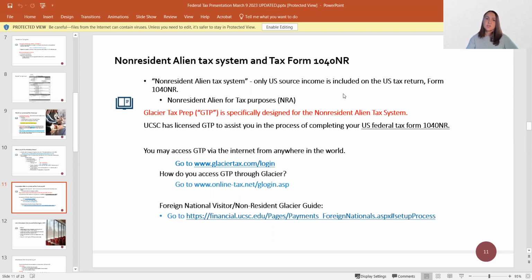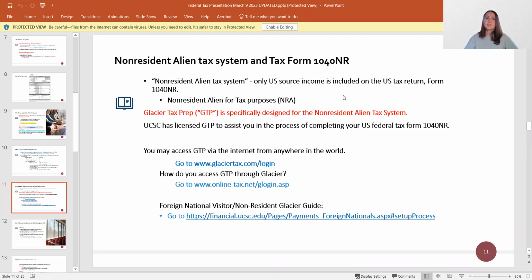That's why Glacier collects all your travel schedule and visa information. Eventually, when you start working on your tax return, you prepare Form 1040-NR. It stands for 1040 non-resident. Remember, resident is just Form 1040, and non-residents use Form 1040-NR.